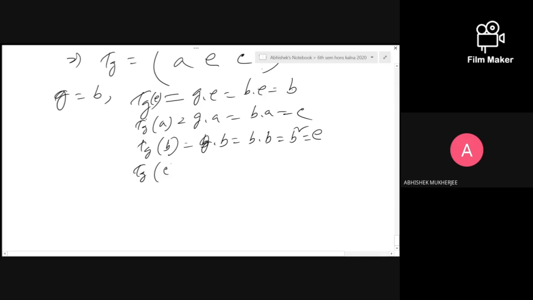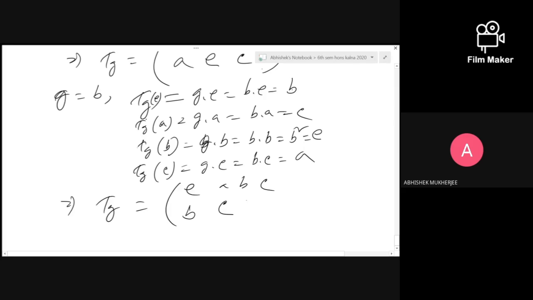And tau G C, G dot C, B dot C is A. So that means tau G will be represented as E A B C, where E goes to B, A goes to C, B goes to E, and C goes to A. So that means it is the product of two cycles, (E B)(A C).